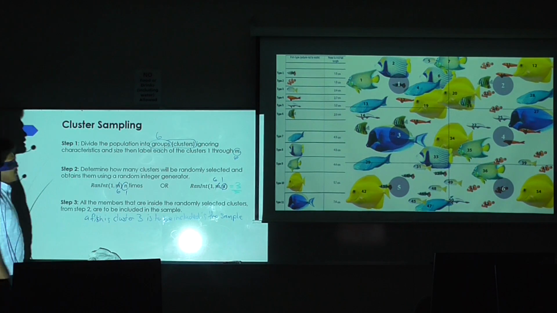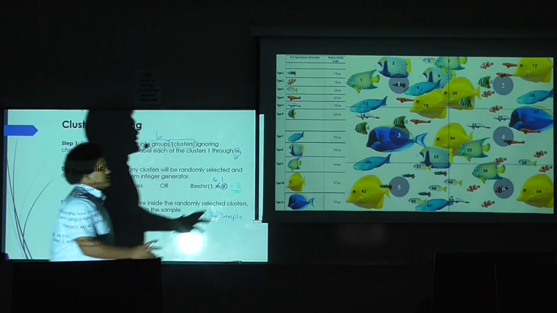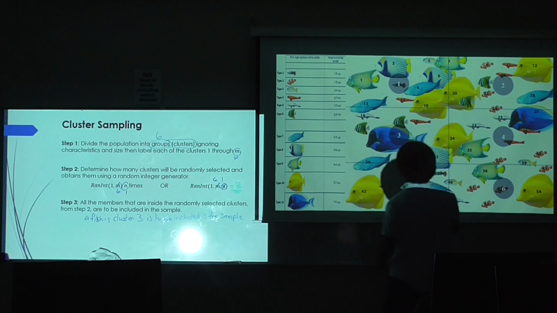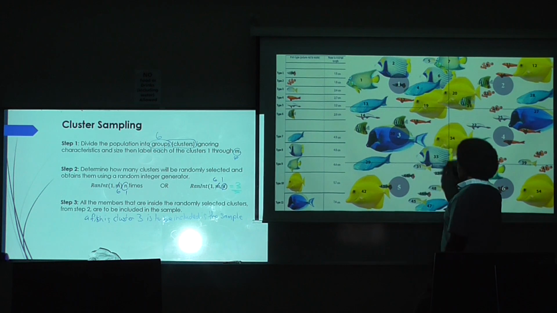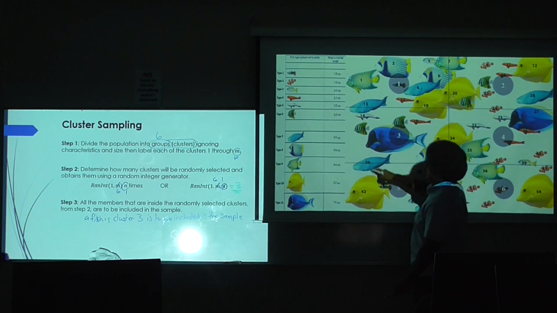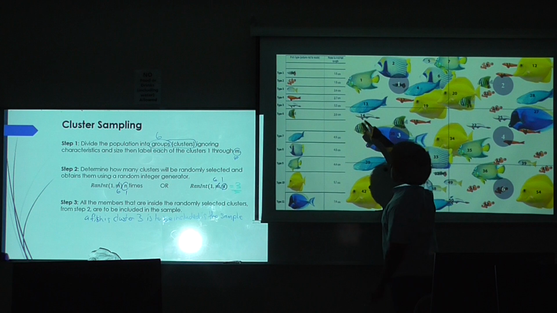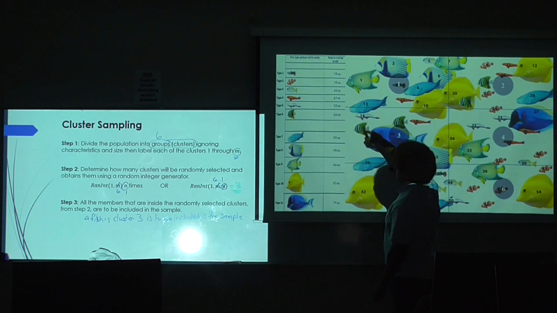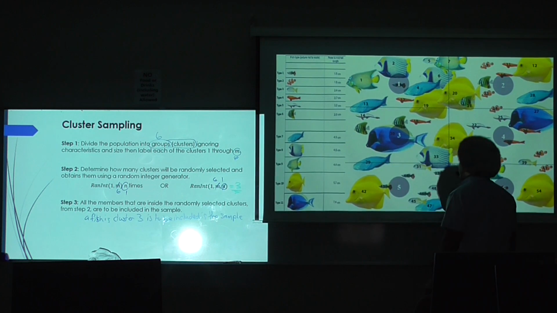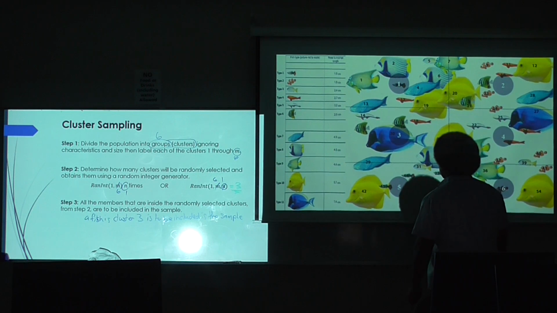So what are these fish in cluster 3? Cluster 3 is right here. And then remember before, we said that this guy is going over here, this one's coming down here, while this one is coming down here to this one, because it appears to be 50-50. So that was the adjustment we made.